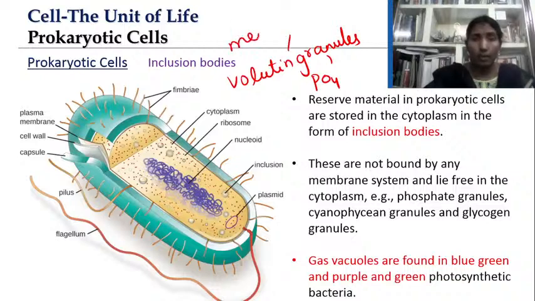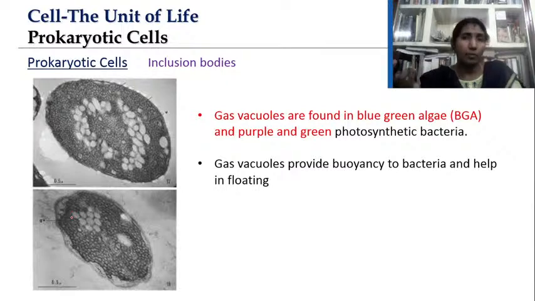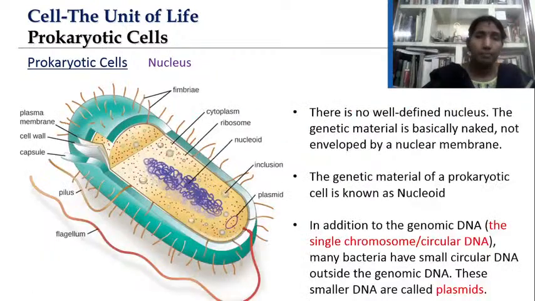They are called metachromatic granules because they take up different colors, that's why that name is there. Then these gas vacuoles, you can see in the blue-green algae and some purple photosynthetic bacteria. What is the purpose of a gas vacuole? They provide buoyancy for the bacteria, helping them float. That is the job they do.